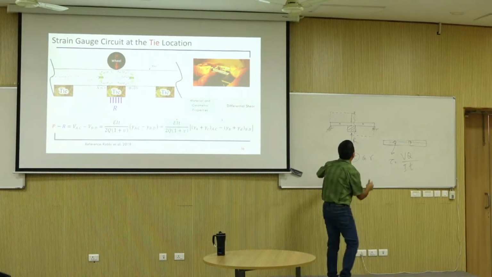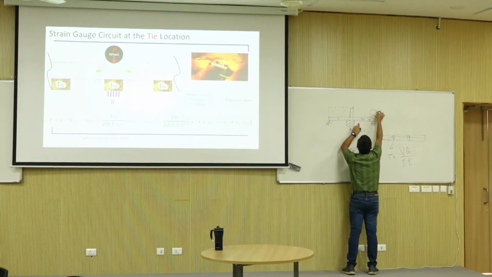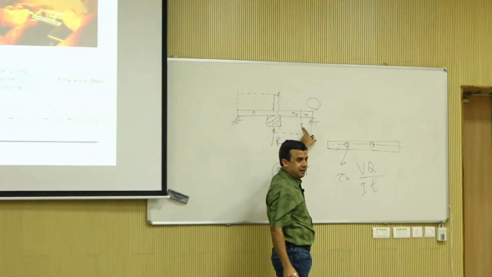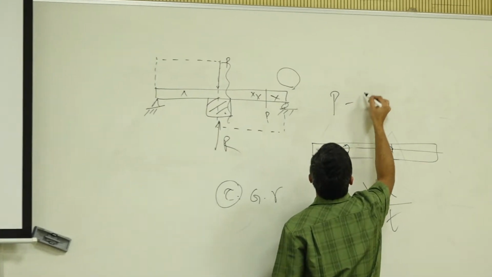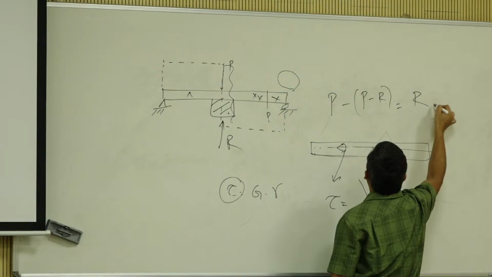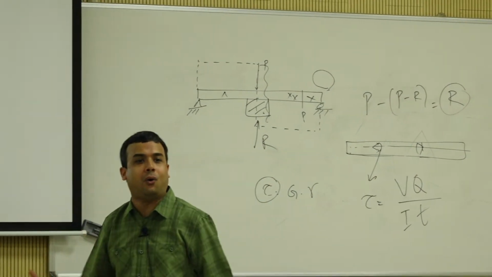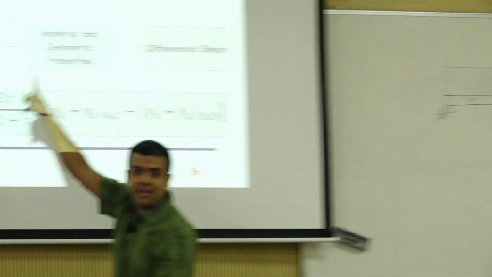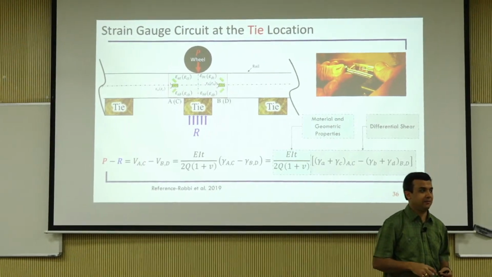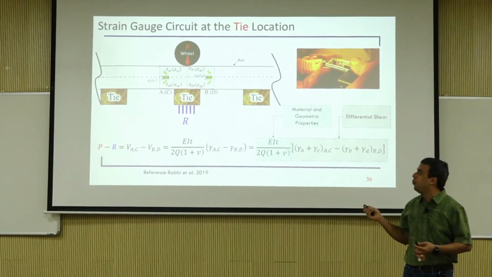And right next to it, I'll have another sensor where the load is going, that's going to give me P, right? I have P minus R, what does that give me? So without touching the substructure, you now know what load the tie and the substructure are applying, right? So that was one.